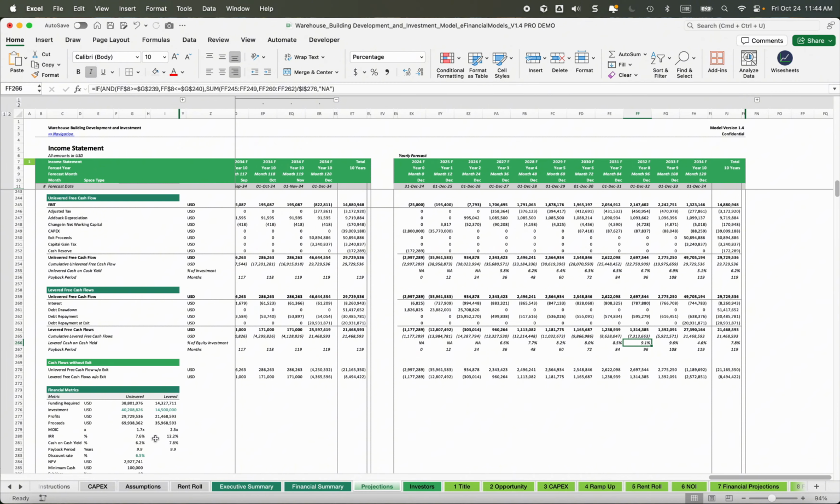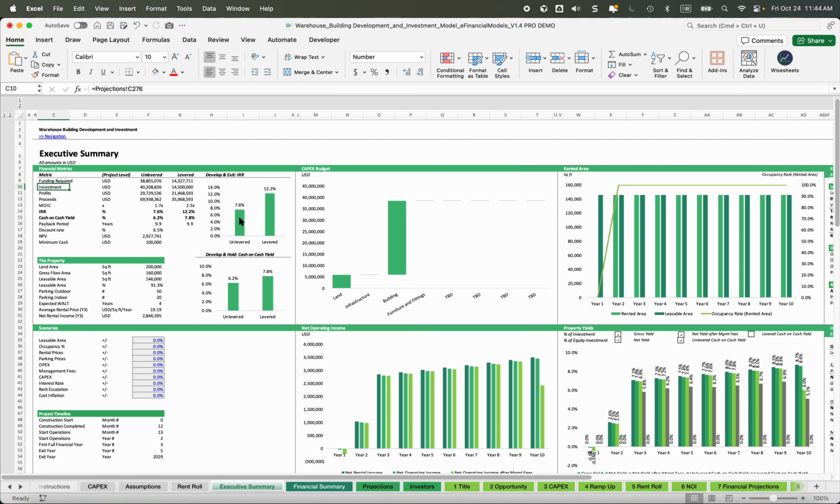And you can see that this might even be attractive just to hold on to the investment, because if you can park your money at a 9% annual return on a levered basis, that's actually not bad. And this is all the metrics. It's important to look at several of these metrics, and the model calculates all what you need to do to fully understand the profitability of this project.